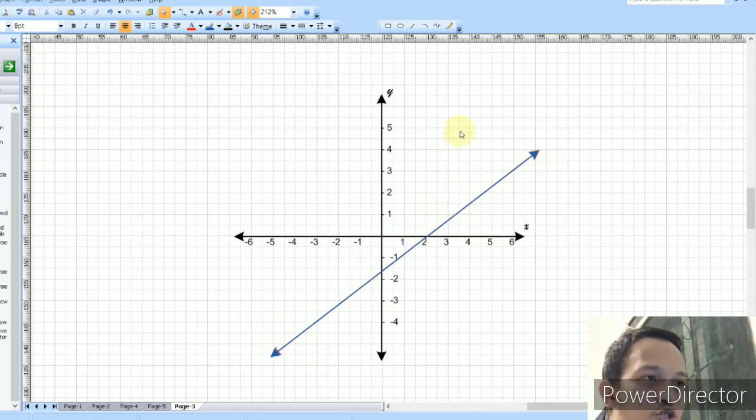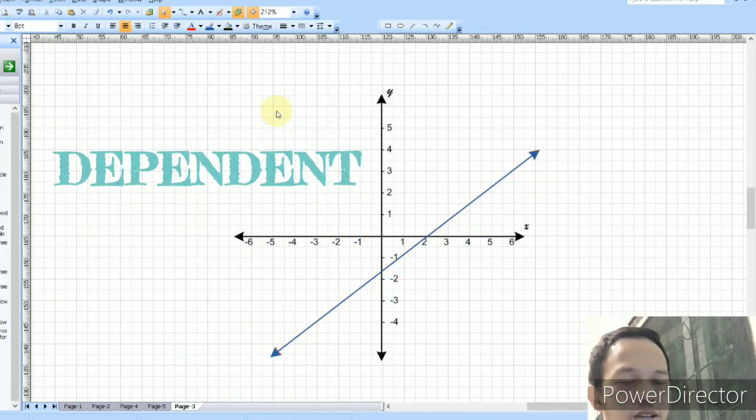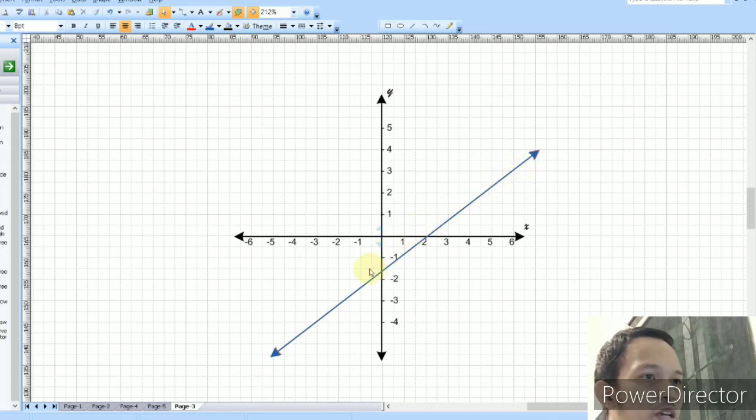It means the solution, or the intersection, will be the whole line, since they intersect in all of the ordered pairs they have. This case is called dependent. Dependent means the solution will be the line itself.